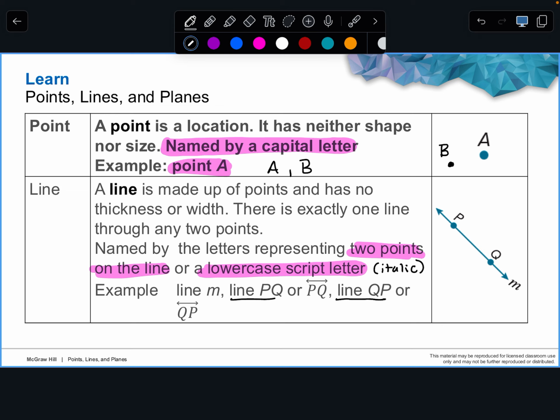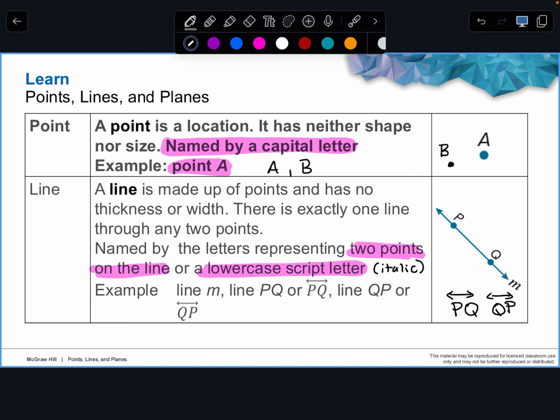Or if you don't want to write the word line, now we get this little symbol above there. Looks like this, P, Q, and then you draw a line above it with the arrows on either side showing that it goes off infinitely. Or you could do Q, P. It does not matter which order you put those letters in.